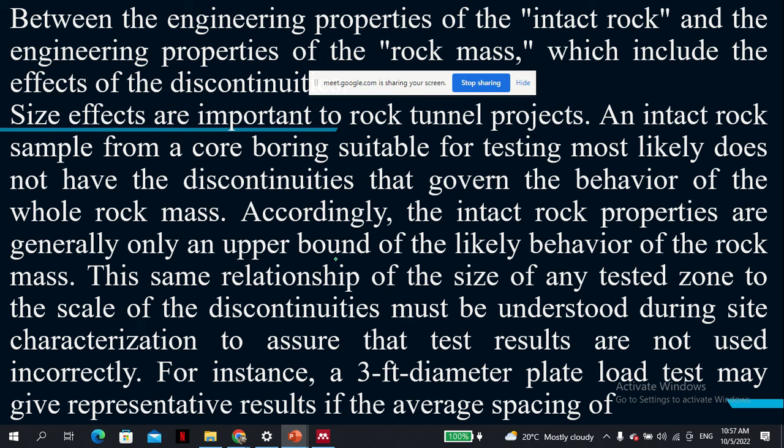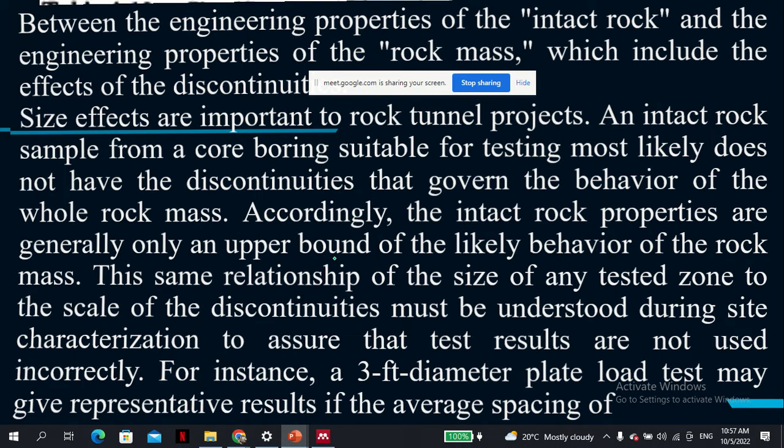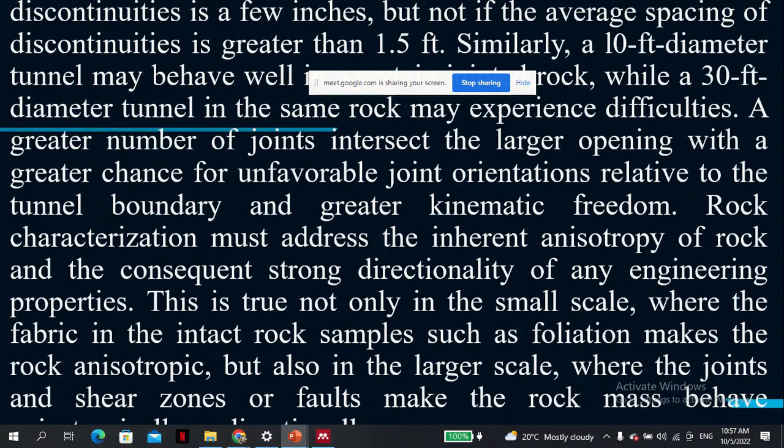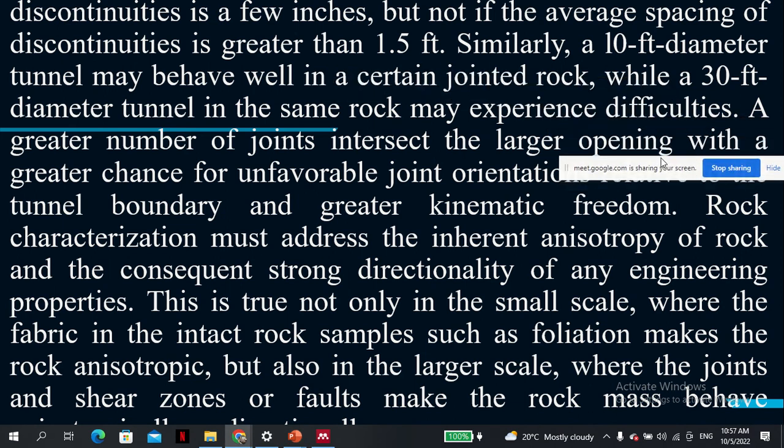A load test may give representative results if the average spacing of discontinuities is a few inches, but not if the average spacing is greater than 1.5 feet, which is about 0.5 meter.